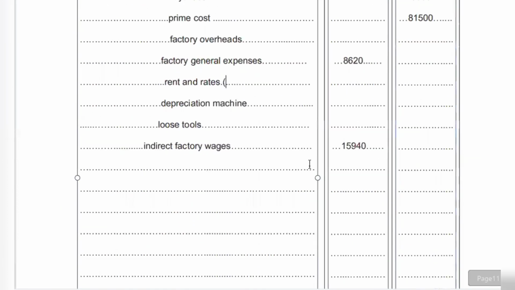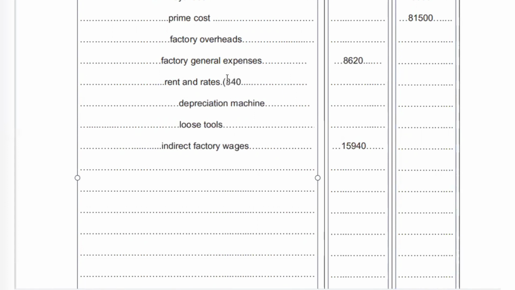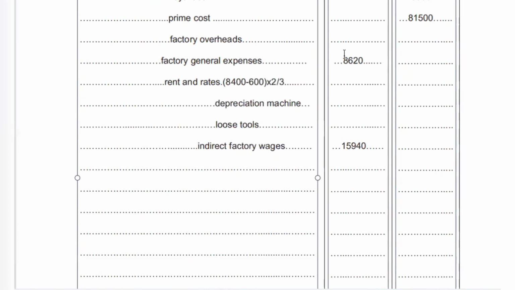So we have 8400 minus 600, on which we'll multiply 2 by 3, and that will give us 86,620. Then we have depreciation.